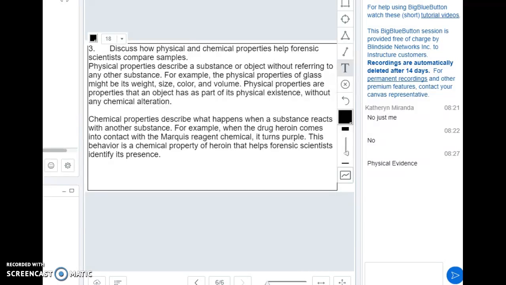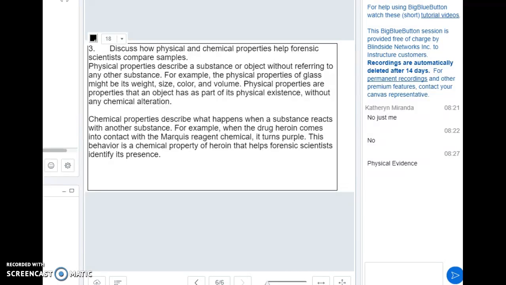Chemical properties is another type of detail, and it's going to be specific to that crime scene. So all of these details are specific to crime scenes. They're specific to either individuals or groups, classes. And all of these details are going to help either determine if someone is guilty or determine if someone is innocent. So just think of these as details that are going to help forensic scientists.